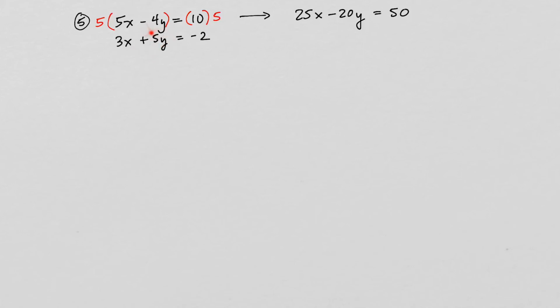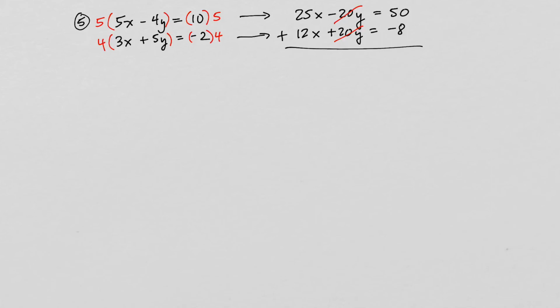Now in the second equation, we're going to turn this positive 5y into a positive 20y. And to do that, we need to multiply both sides of this equation by 4. And if we do that multiplication, we get 12x plus 20y is equal to -8. And now you can see that we can add these equations together because -20y and positive 20y will cancel out.